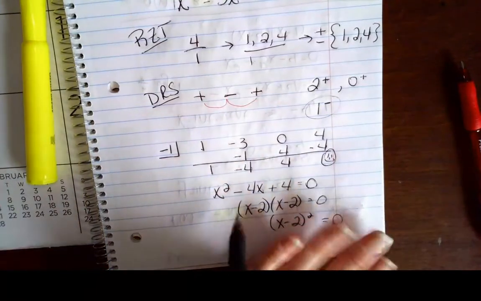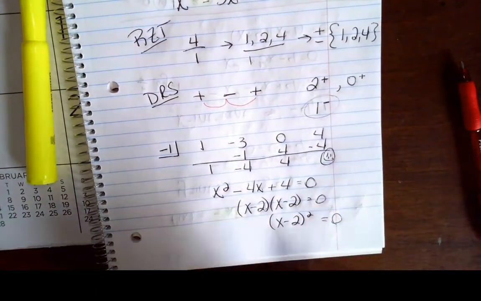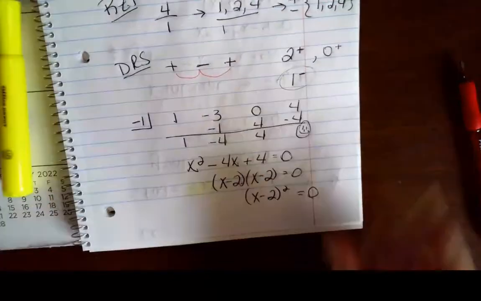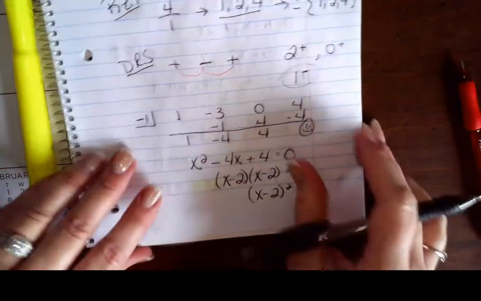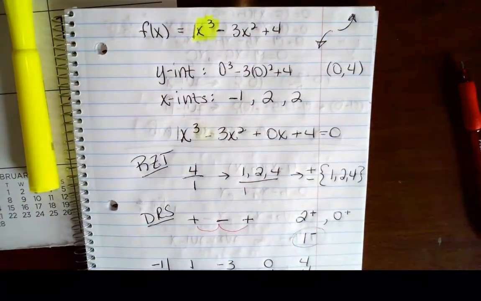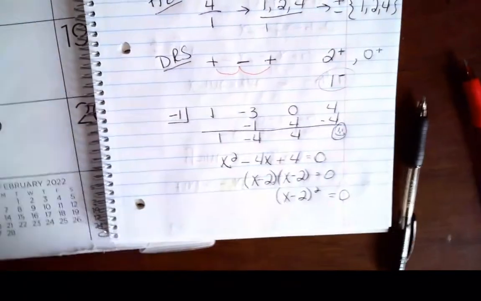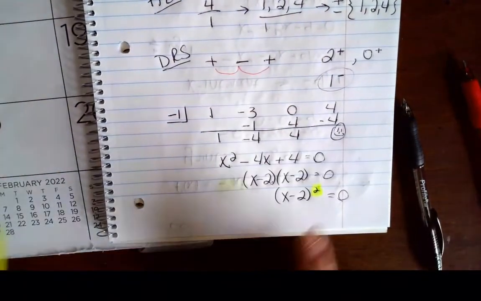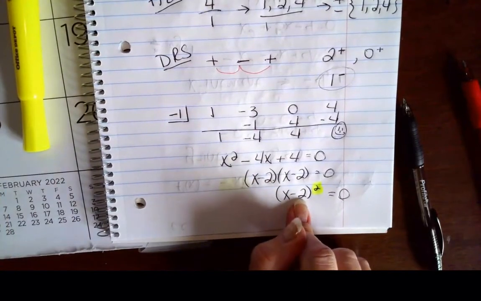Okay, so if x minus 2 is my factor, then 2 is my solution. So now we're back to multiplicity. So this part is x minus 2 squared, which means at 2, it's going to behave like a parabola does. It's going to bounce off that axis.